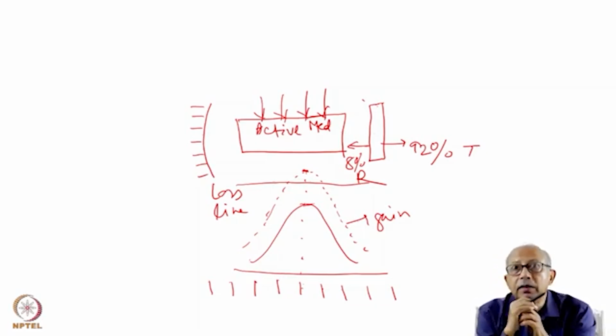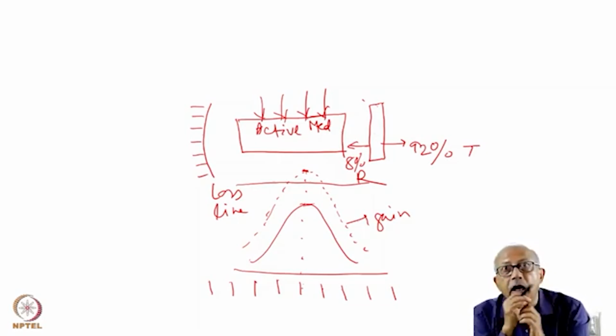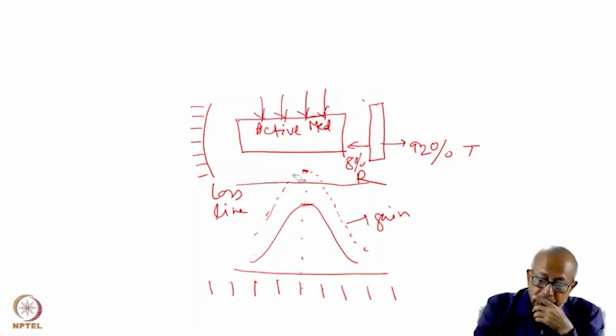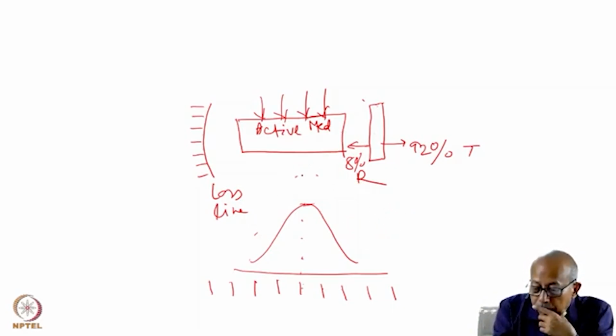Maybe for certain lasers it could be possible, but in general, this will be a very impractical proposition to increase the gain to such a high level. So then, what will be the other option? The other alternative would be to bring this loss line down.